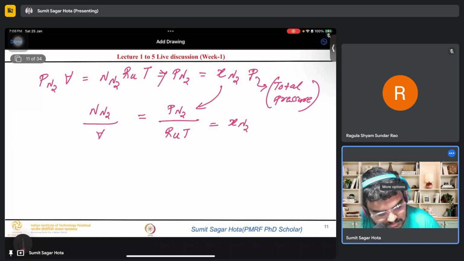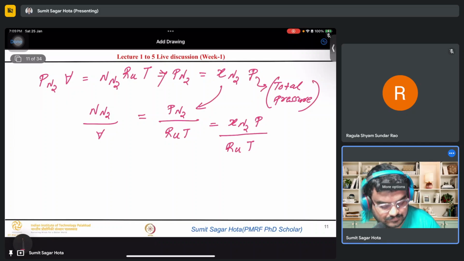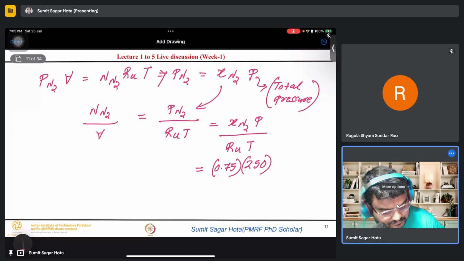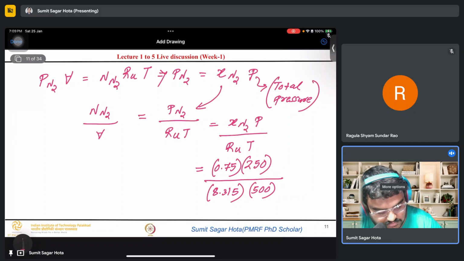It is chi of N2 into P divided by Ru into T. Now we just need to substitute and find the values: 0.75 into 250, divided by Ru into 500.